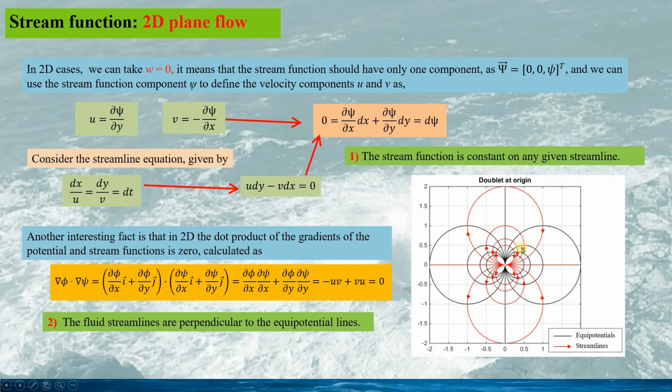We can see these two sets of lines are perpendicular everywhere. This is the plot we can see in many textbooks. In the application of potential flow theory, these two conclusions are very useful in the study of simple potential flows. We will see some examples in other talks.